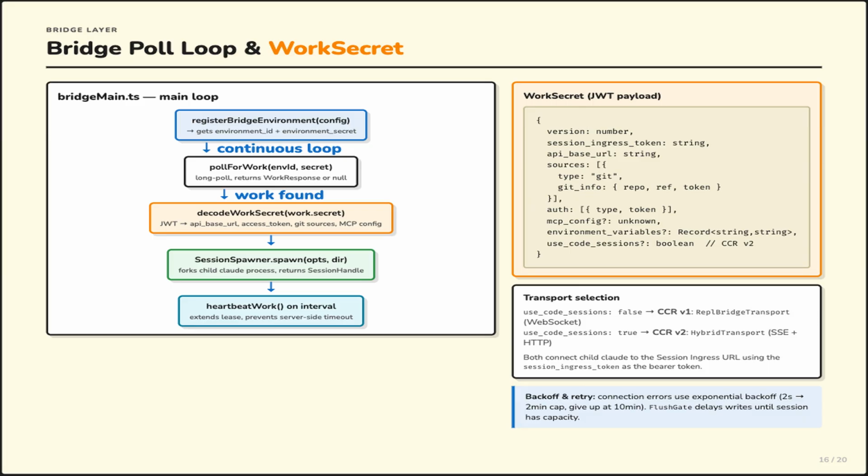Acknowledge the work, then call session spawner.spawn to fork the child process. Meanwhile, heartbeat work on an interval to extend the server-side lease and prevent timeout. The transport is either a WebSocket for CCR version 1 or SSE for version 2.